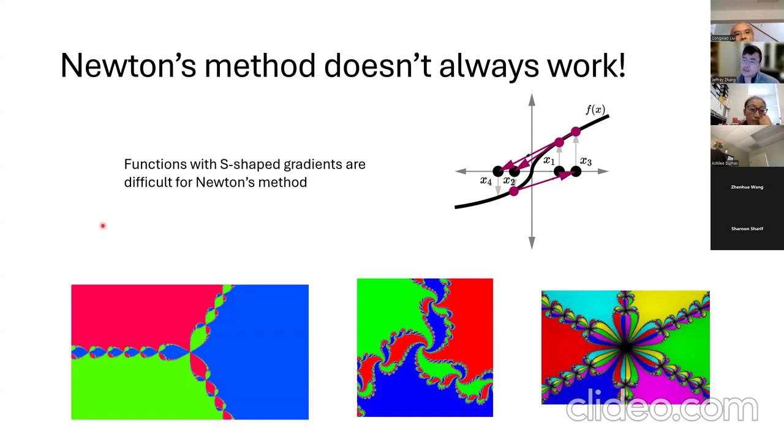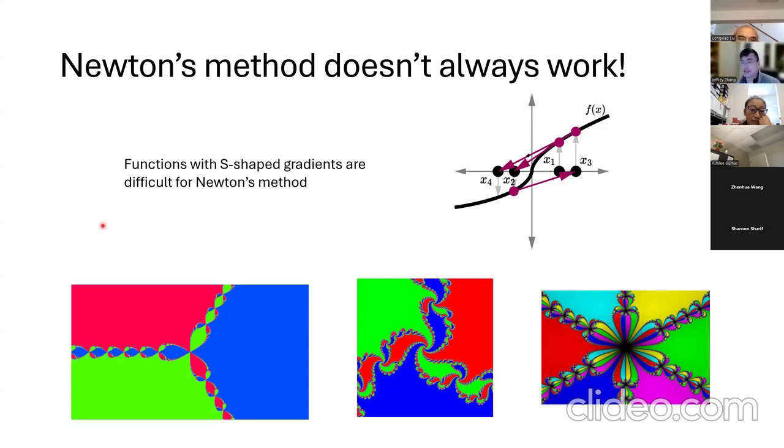And then you have other issues like stability. What I've pictured here are what are called Newton fractals. The idea behind a Newton fractal is I pick some grid of points, in this case in two-dimensional space. From each point in that grid, I start Newton's method and see where it converges to, and then I color any given point based on the point it converges to.